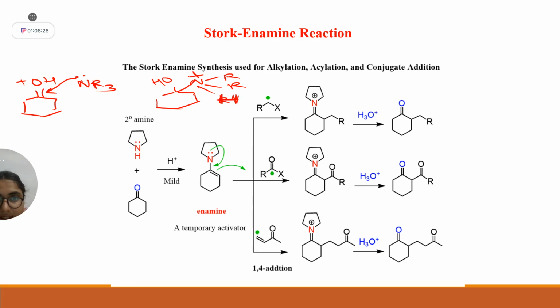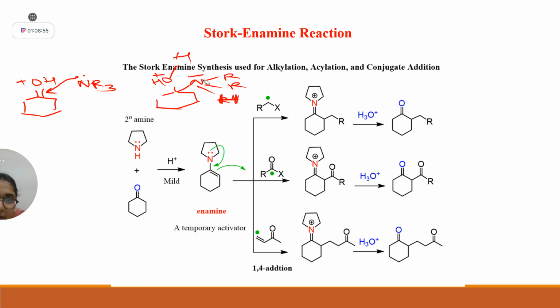If one of the groups on the secondary amine is H, obviously this N-H bond will break in order to remove that charge. It will go as H plus, and then this nitrogen will be neutral, right? That H plus will go onto this oxygen and form this positive, and this nitrogen will be neutral.